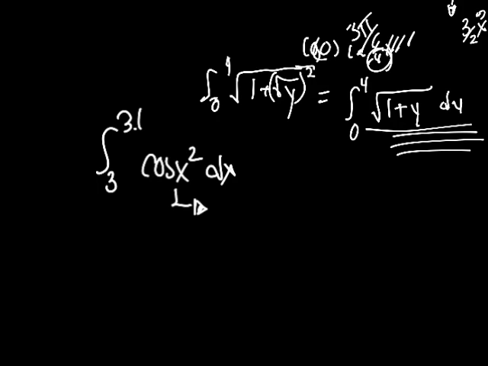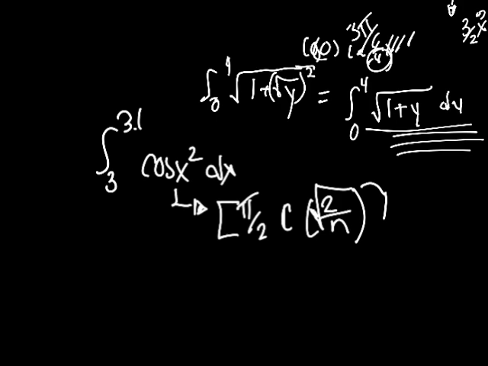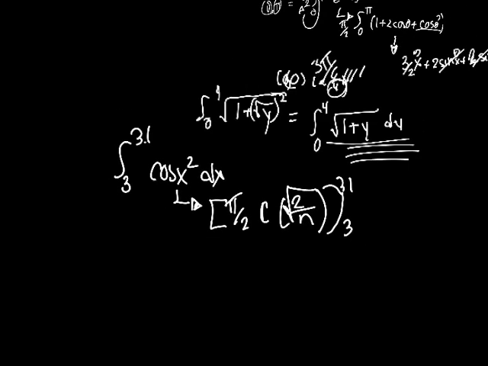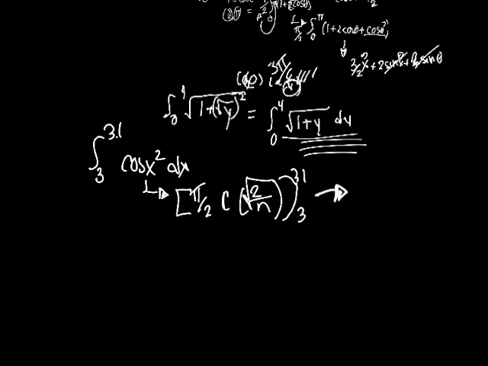And how do we integrate this? Well, we rewrite this as a constant, pi over 2, constant of c of 2 of pi, of 3 over 1 and 3. And once you calculate this in your calculator, you will get that the equation goes to 1.253.